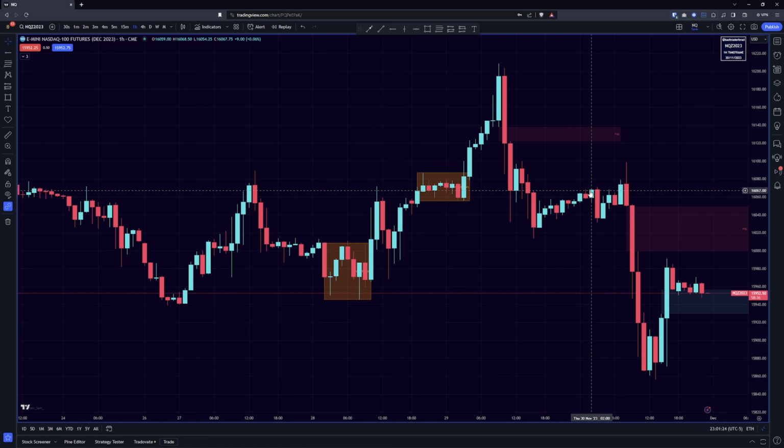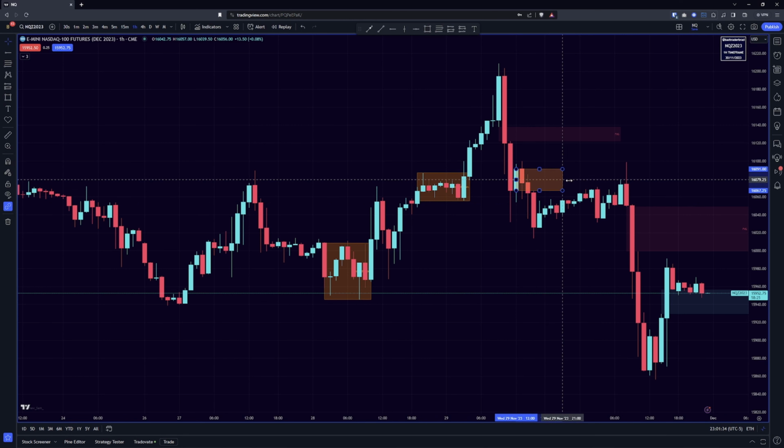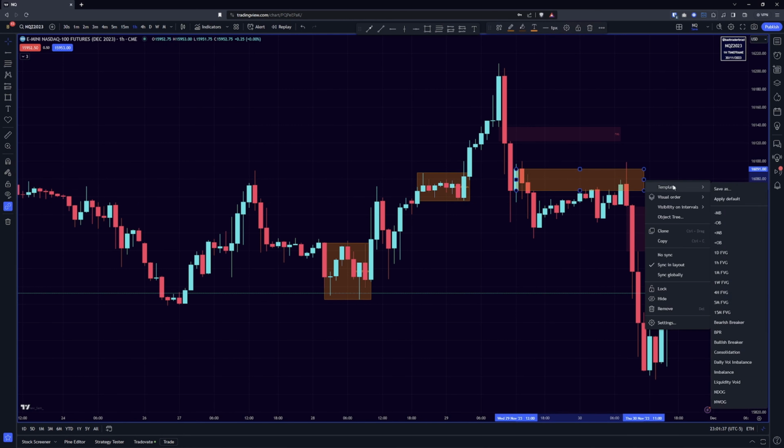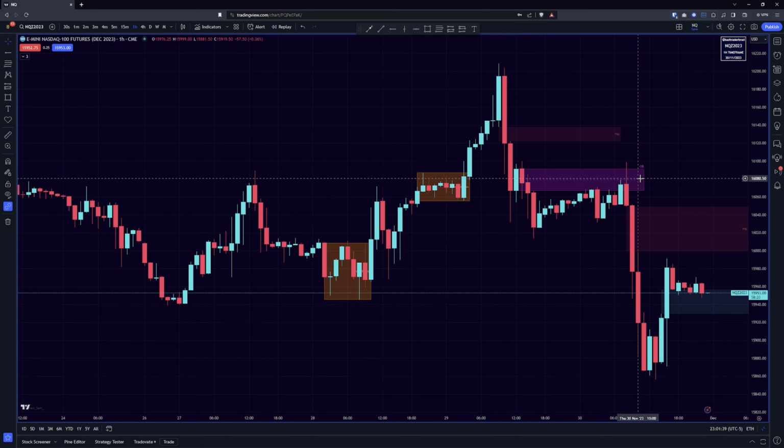So waking up this morning around 7, I saw this order block here holding up. And that's exactly what I wanted to see. So there are two possibilities that I was thinking the morning might look like. The morning might come up here, BPR from this dip, and then come up into this fair value gap.